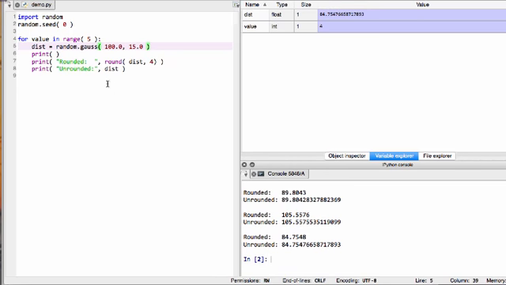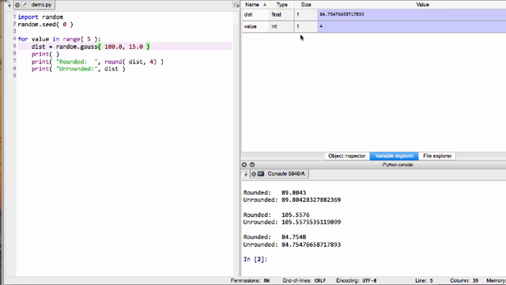It goes through, gets 5 values, calling this random Gauss, which basically gives us a random number with a Gaussian distribution. We get 5 of those numbers, and we print them out, both rounded and not rounded.